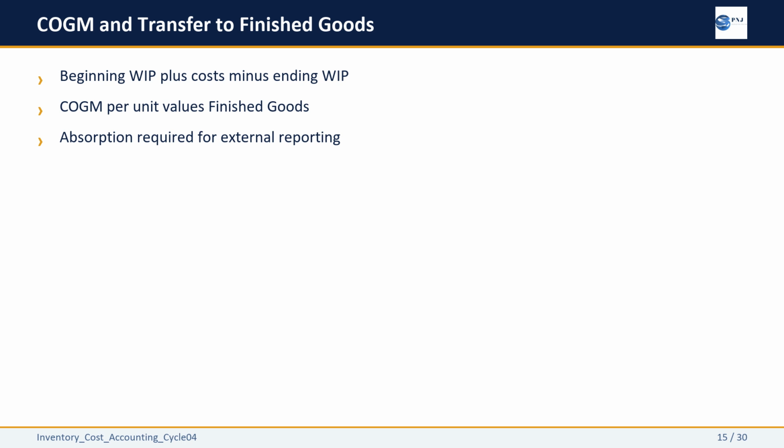One distinction matters for reporting. Full absorption costing, required under GAAP and IFRS, puts both fixed and variable overhead into inventory, while variable costing, used internally, expenses fixed overhead immediately. Absorption raises income when production exceeds sales.